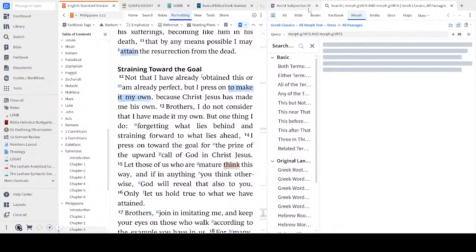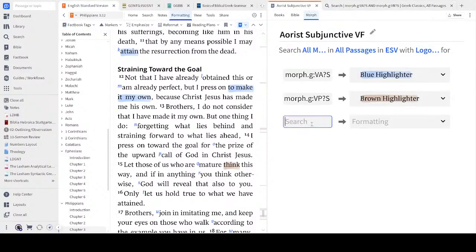Next, we're going to do another visual filter. Let's do another, and we're going to do a verb. It's going to be in the subjunctive, and let's look for a perfect. And we're not going to do brown highlight, we're going to do gray.